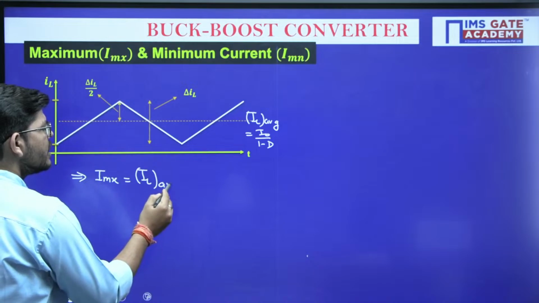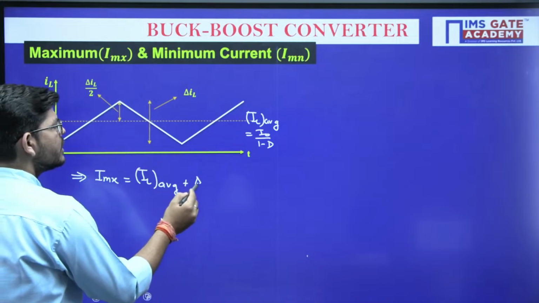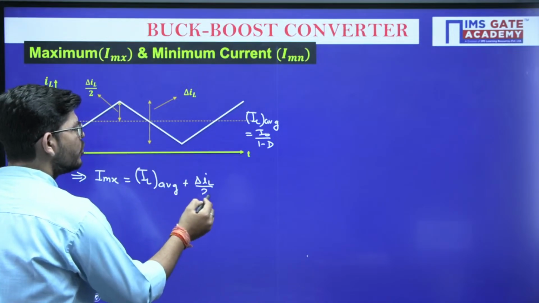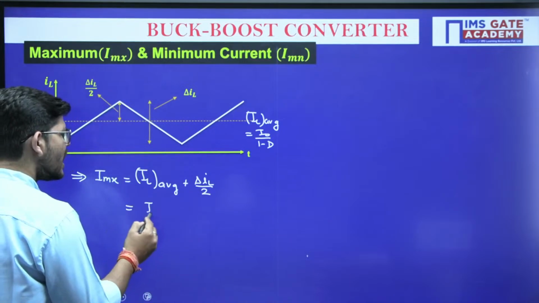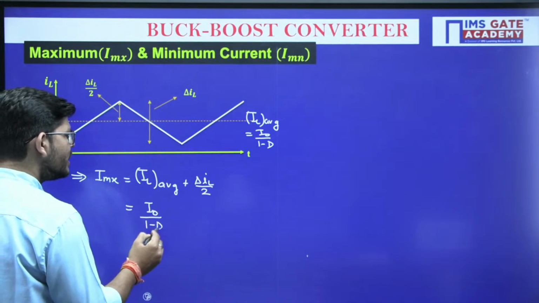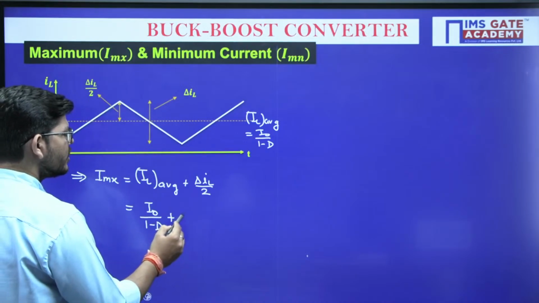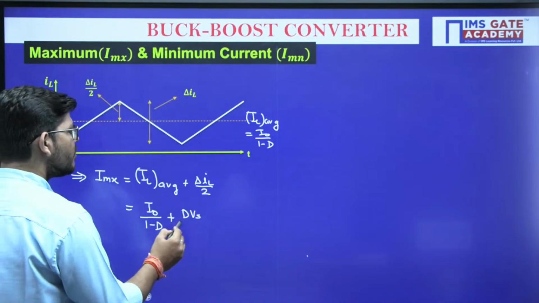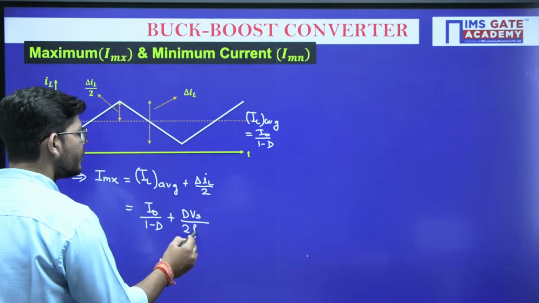What is IL average? This is I naught upon 1 minus D, and what is del IL? This is equal to D Vs upon FL. Just now we have calculated.